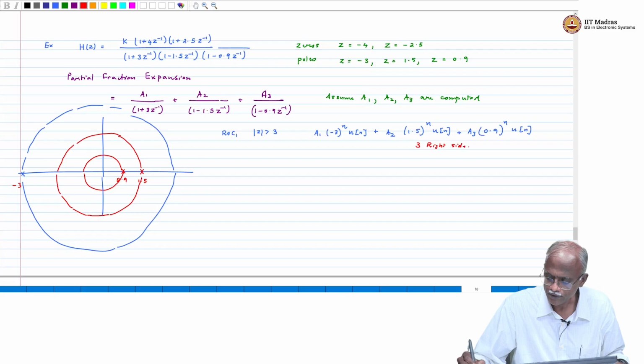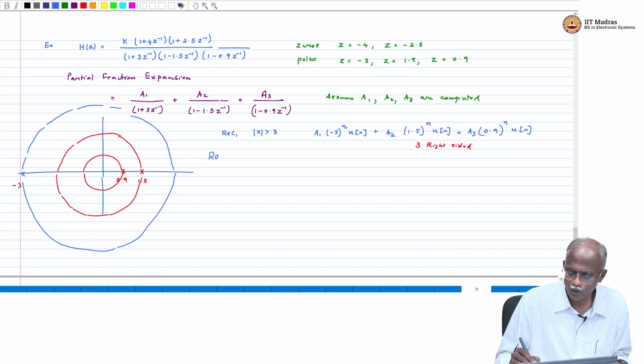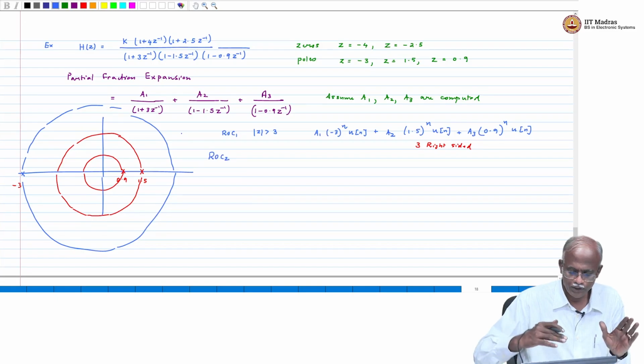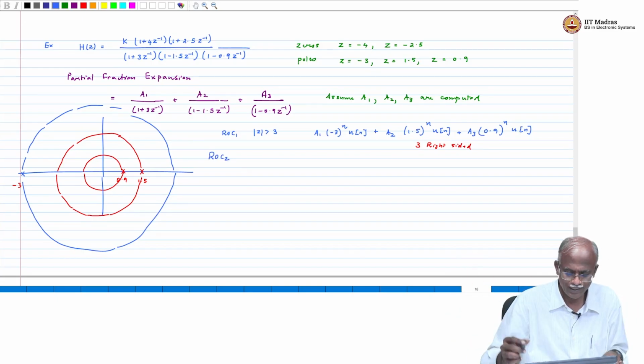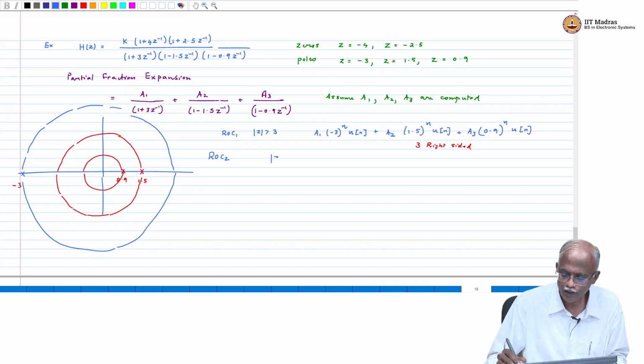Now there's a second region of convergence, ROC2. Remember, the first one is outside the outermost circle. The second one is between the two poles, 1.5 and 3. The region of convergence cannot include any of the poles, so it will be greater than 1.5 and less than 3.